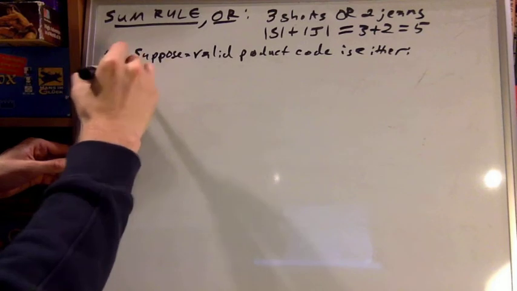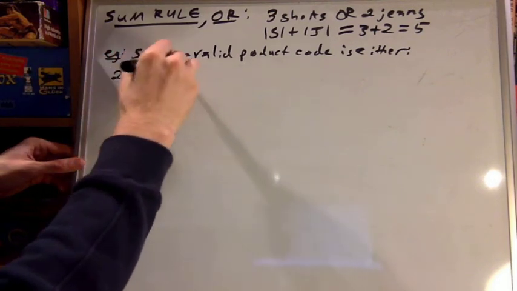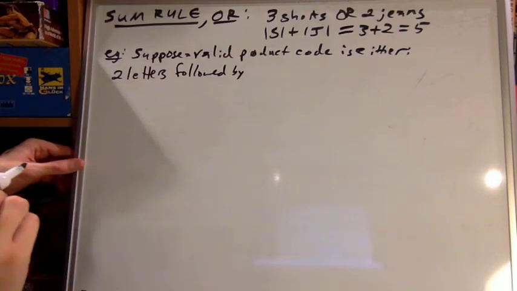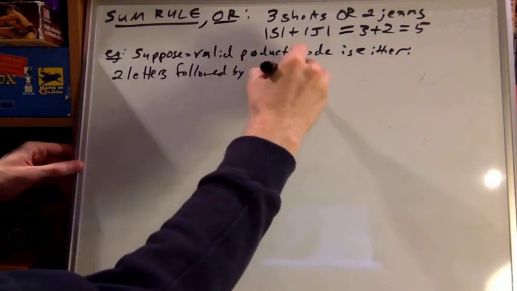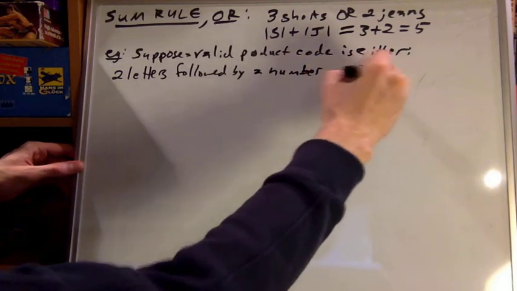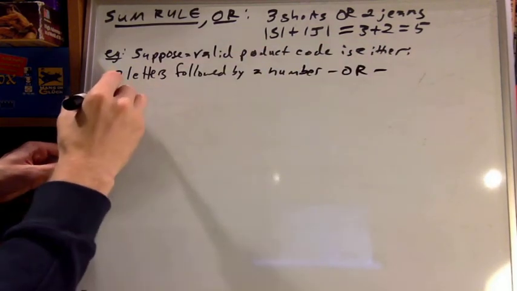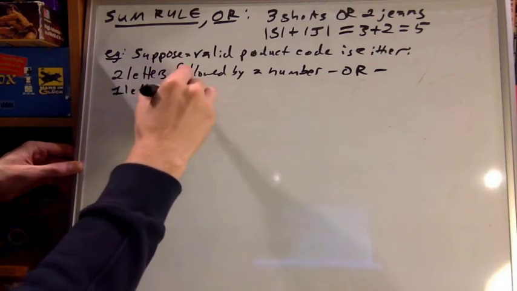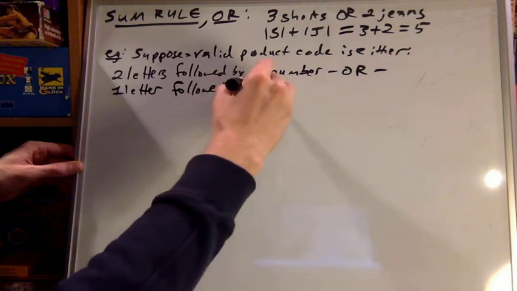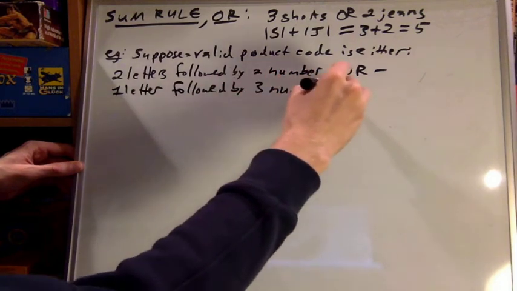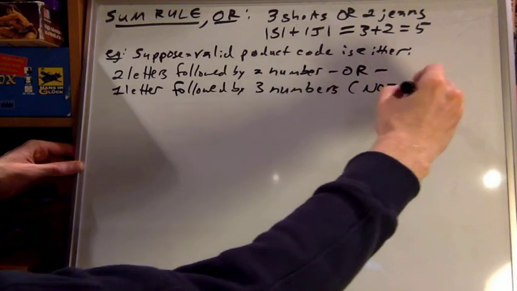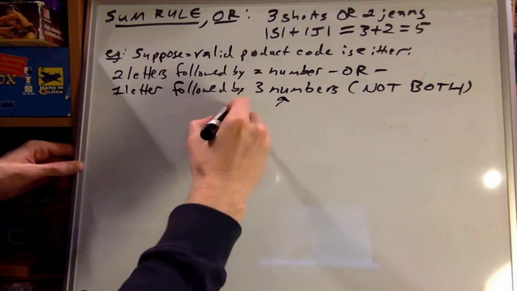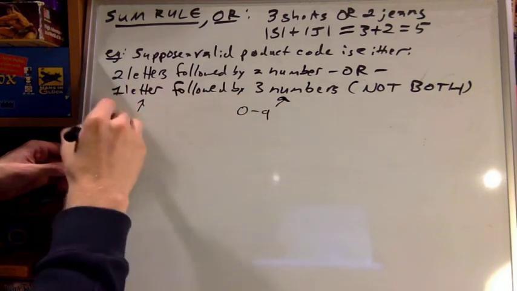Either we're going to have 2 letters followed by a number, or we're going to have 1 letter followed by 3 numbers. And of course, I'm going to emphasize here, not both. And what is a number? Here I mean 0 through 9, and letter here I mean A through Z.